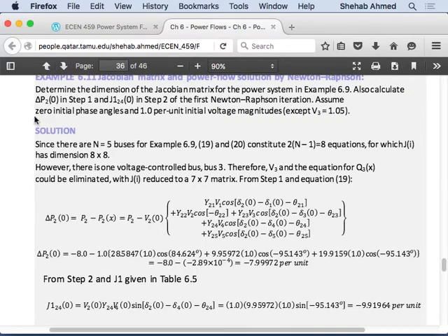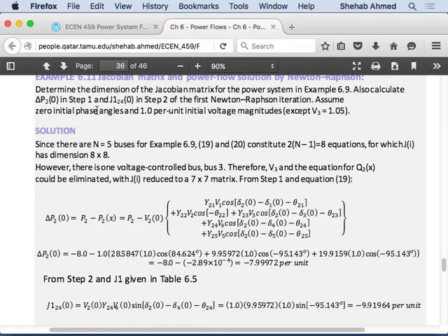So this is P2 minus the right-hand side at iteration 0. I'm going to use my initial guess for voltages and angles, plug them into the right-hand side, go to bus 2 and see what the real power is, and subtract them from each other. That's what they're asking for here, delta P2.